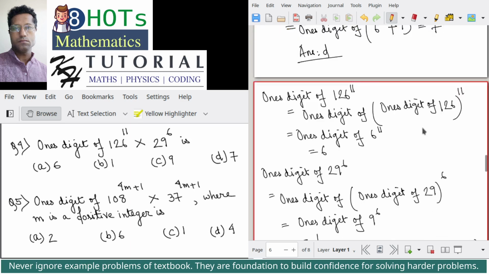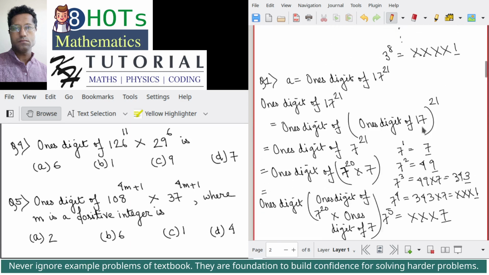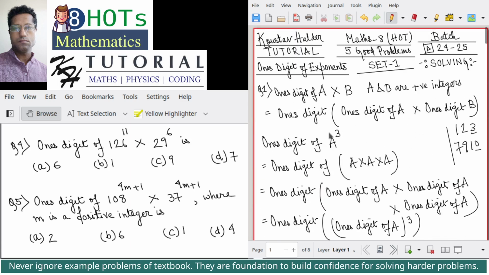And then the fundamental concept we apply is that to find the ones digit of the product of two numbers a and b, which can be integers or in exponential form, you first find the product of the ones digit of a and the ones digit of b. Whatever the product will be, the ones digit of that product will be the answer.